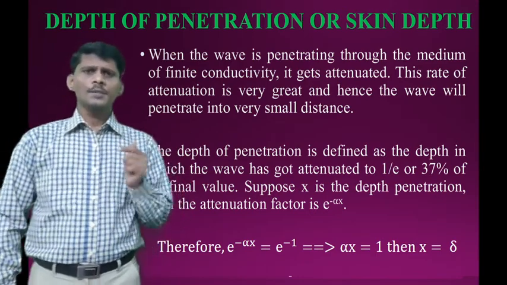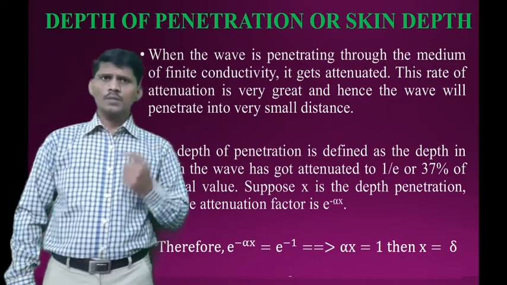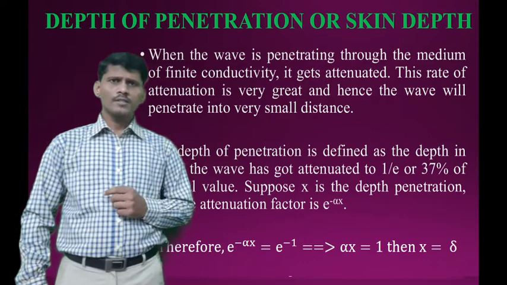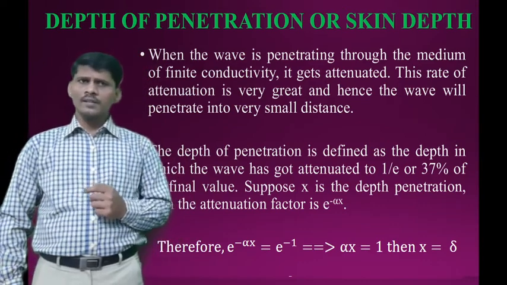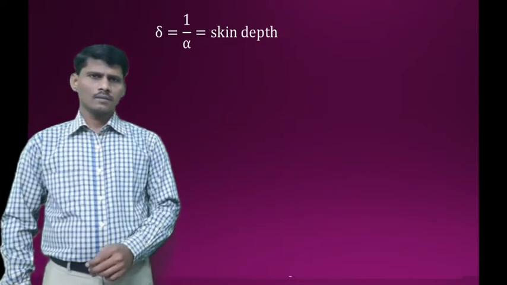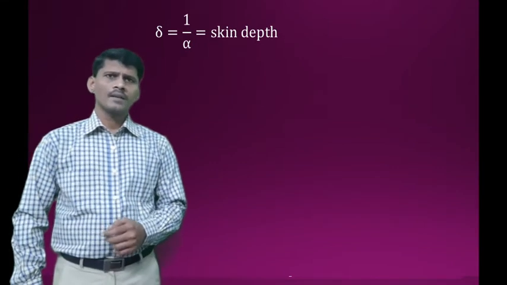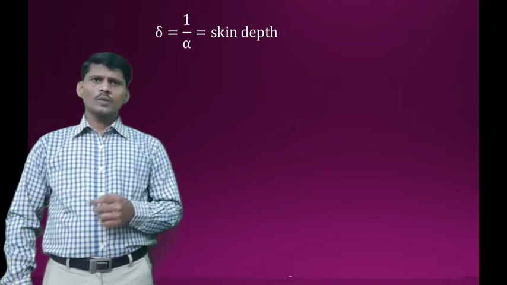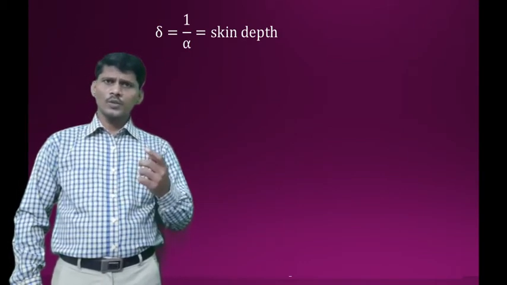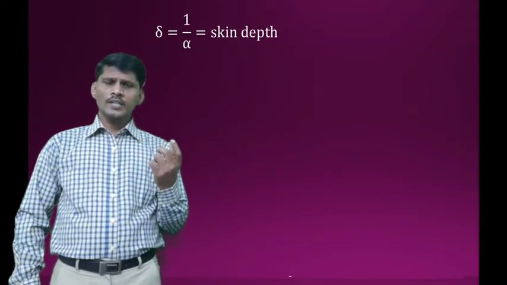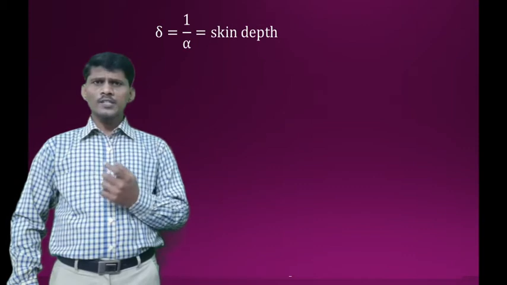Because of that, e power minus alpha x is equal to e power minus 1. On both sides, the exponential terms cancel, so we have alpha x equal to 1. Then x is equal to delta, the skin depth del, which is equal to 1 by alpha.